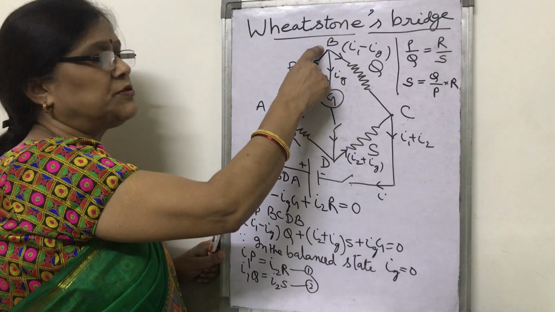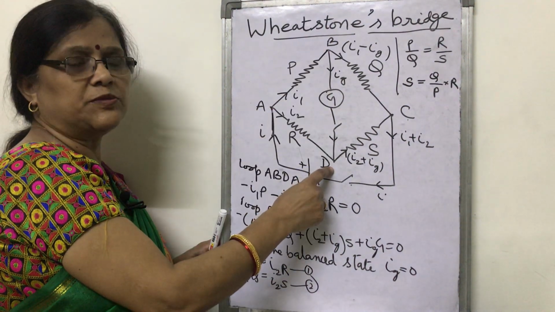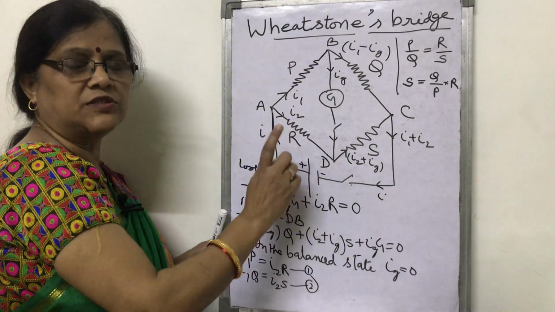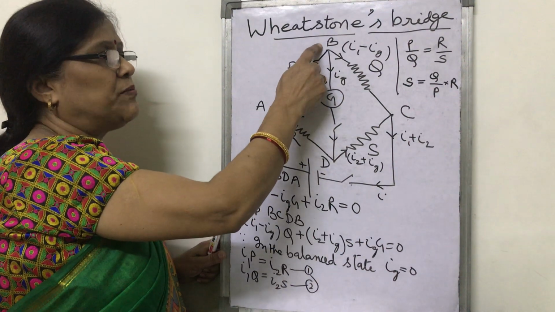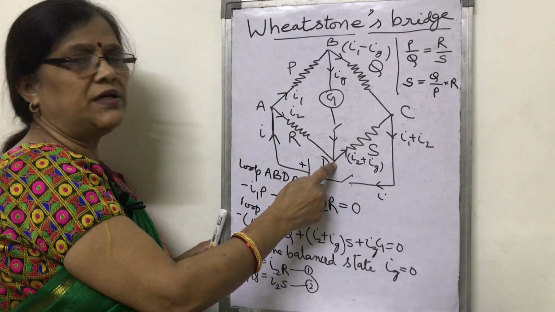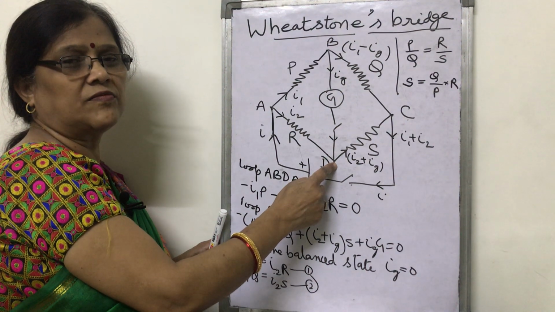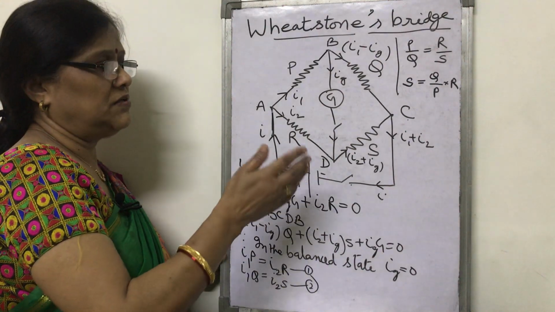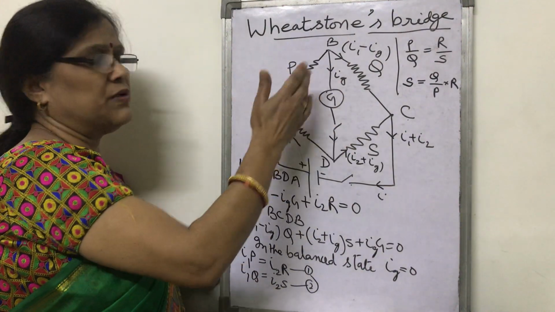That the potential of point B and the potential of point D are the same. So what is VB minus VD? It is 0. Or you can say that the potential at point B is the same as the potential at point D. So in this way questions are asked.